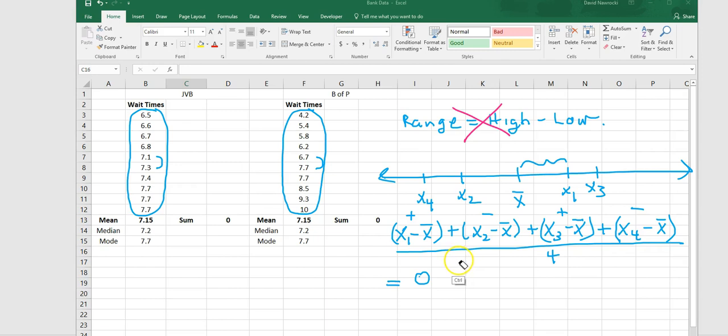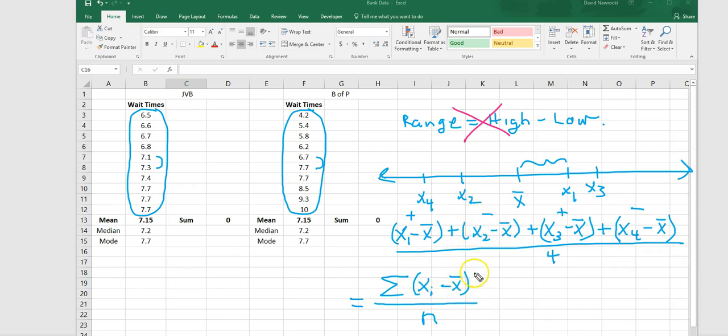By the way, as far as notation goes, notice that what we have written here, we could denote as the summation of xi minus x bar divided by the number of scores that we have. So that's what we have written right here. However, as we've just said, this always comes out to be 0 because you have cancellation with these terms.